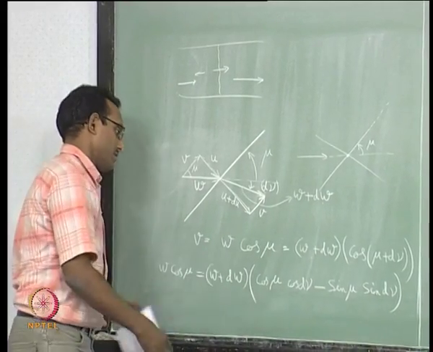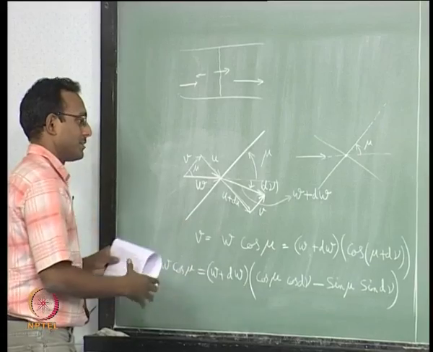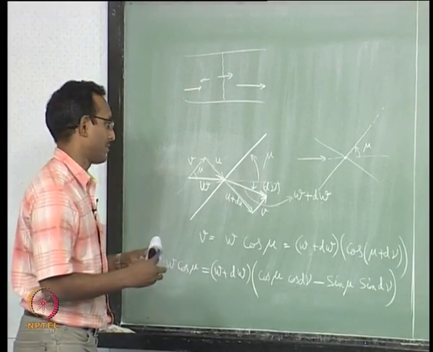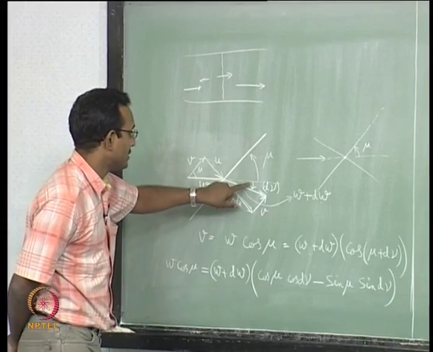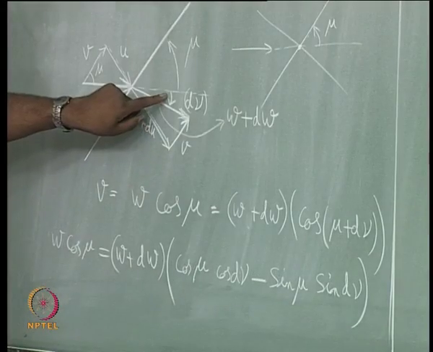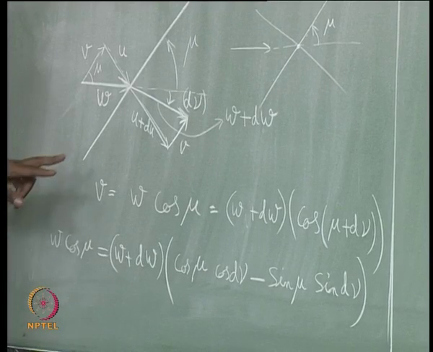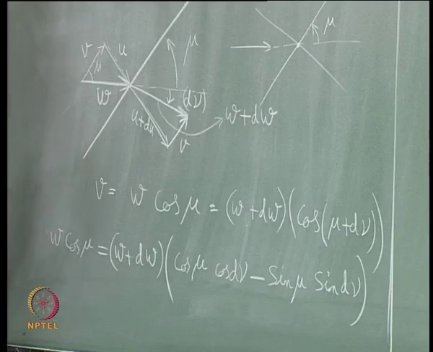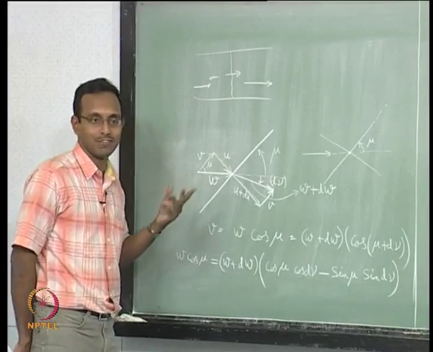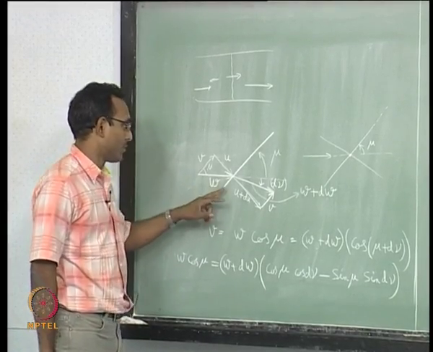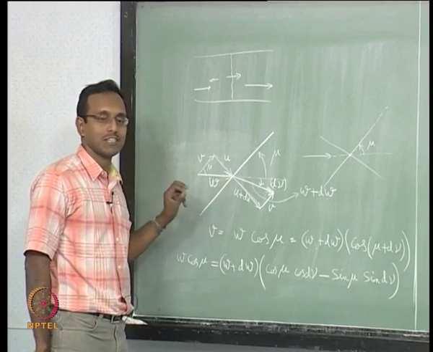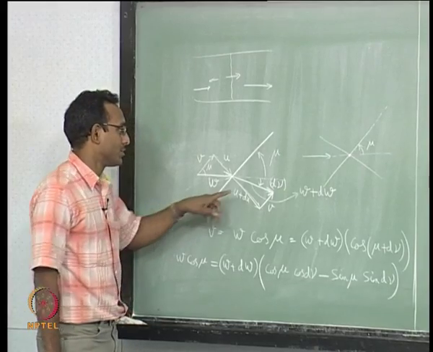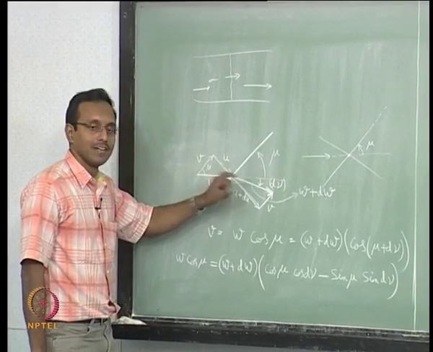This is what I will have. Now, I have to try and rearrange the terms with a small limit. I am going to say that this d nu is a very small deflection. Why? I have considered only one wave, which can affect only extremely small quantities. That is what we said in the last two classes. One single expansion wave, which is almost isentropic, can affect only a very small amount. So, the change has to be extremely small.